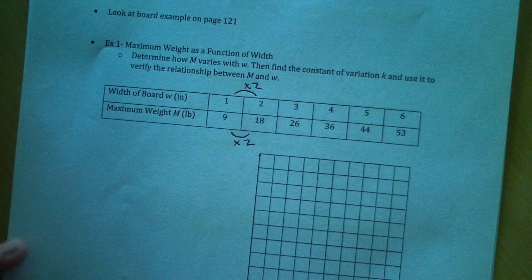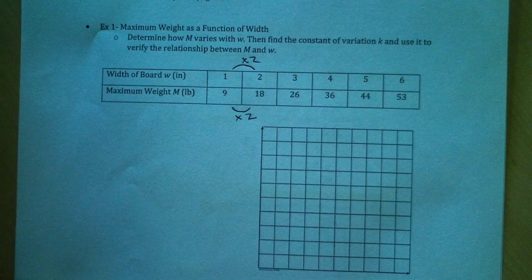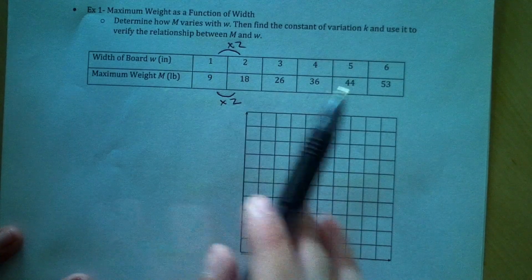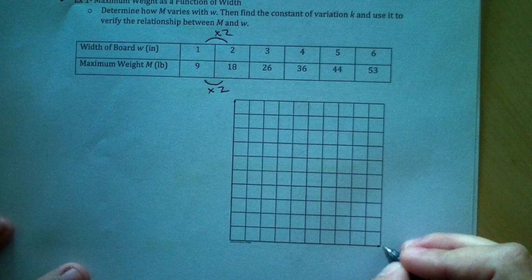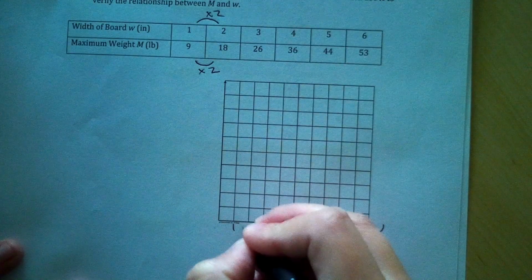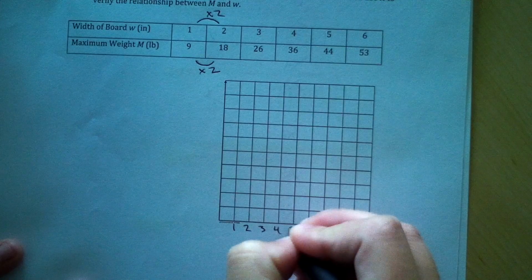So here I would go and graph these. It looks like we're going up to 6 for our x values, so that would be across the bottom here. I'm going to just count by ones. And that w for our x stands for width, and we're in inches.